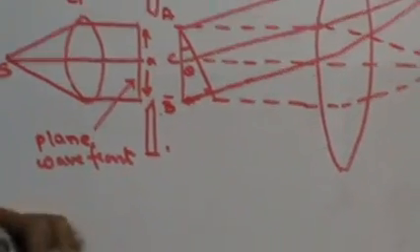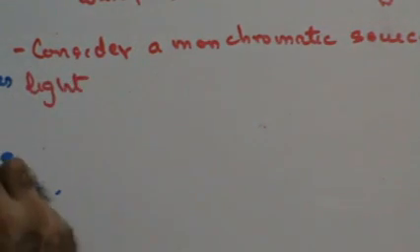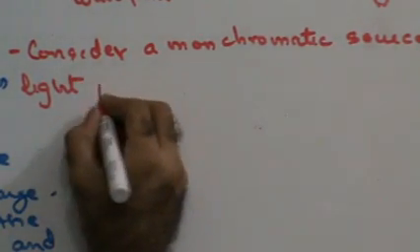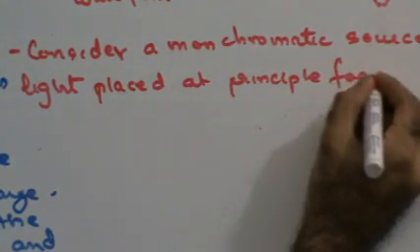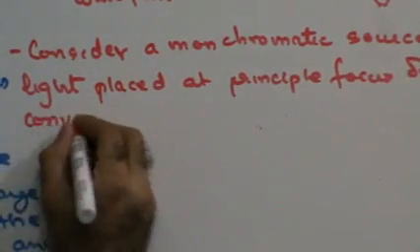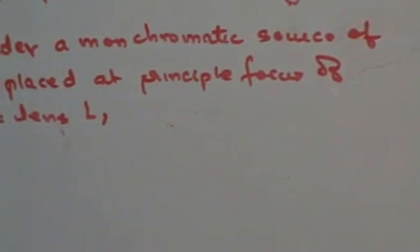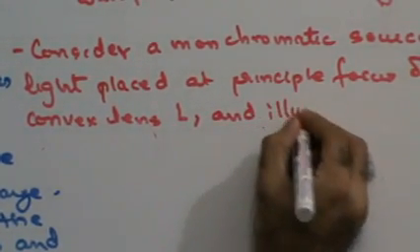Let us consider a monochromatic source of light placed at the principal focus of a convex lens L1, and illuminating a narrow slit AB.